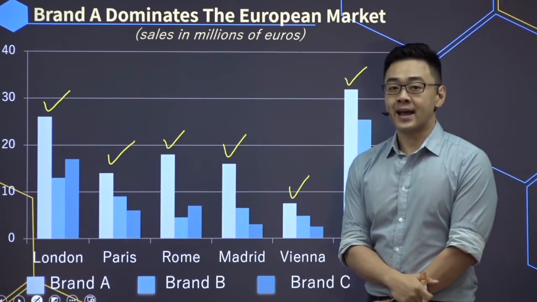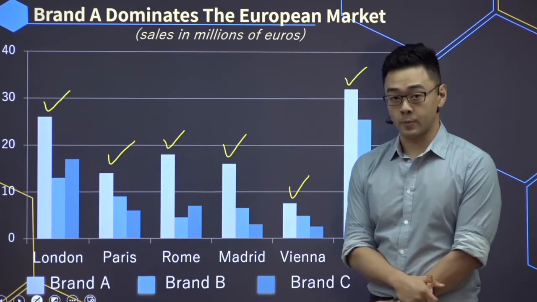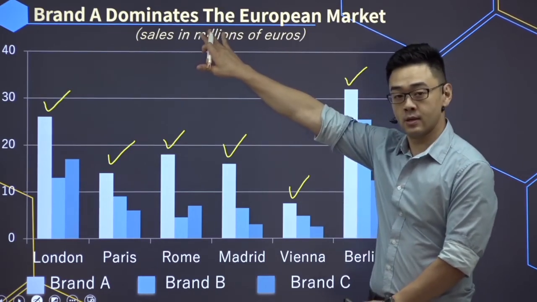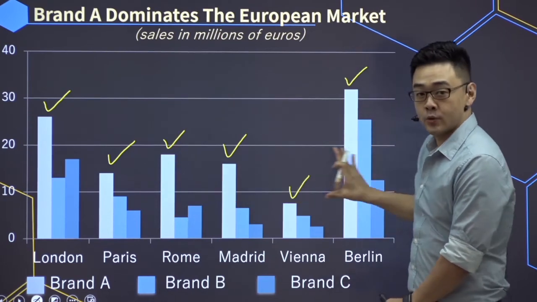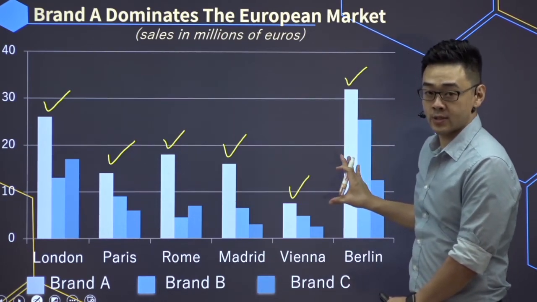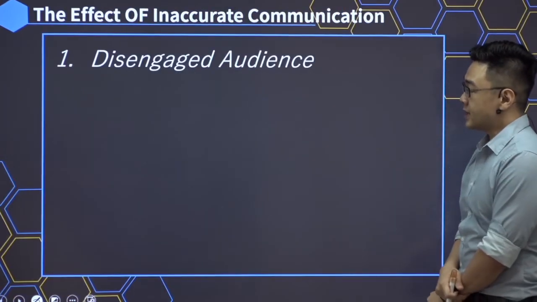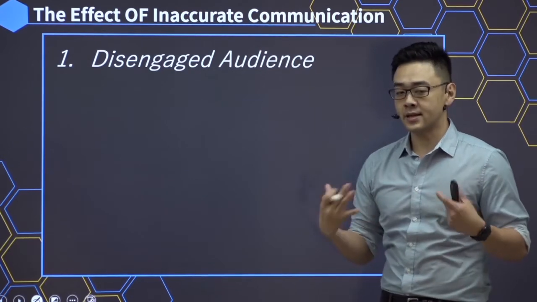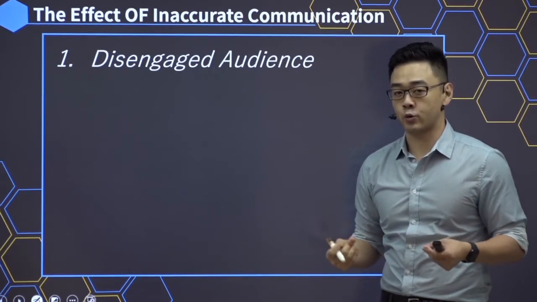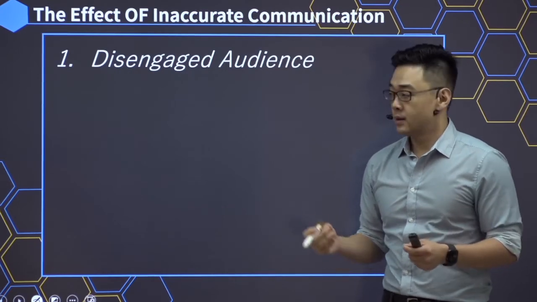Data dumping is not accurate communication. You want your communication to be accurate. Right title, right illustration. That's accuracy. That's precision. Okay? So the effect of inaccurate communication. Let's say you fail to be accurate and precise and concise, that's also key.